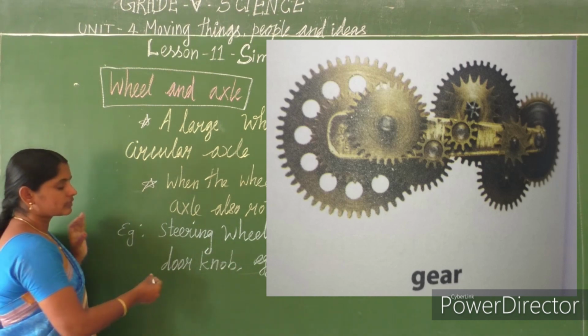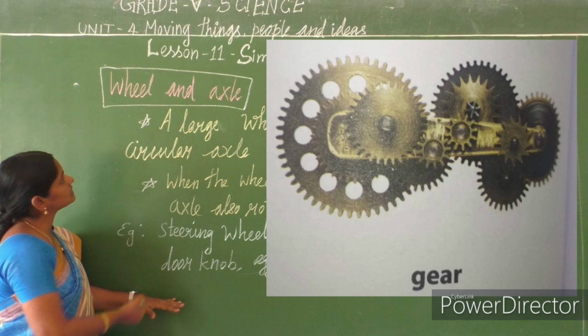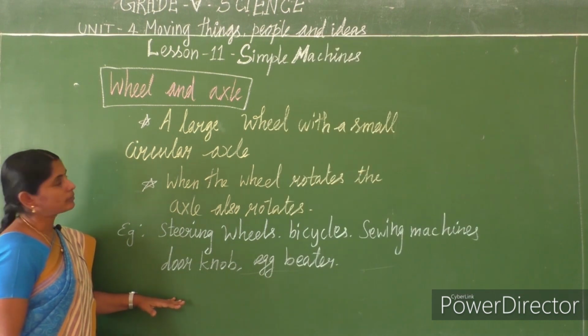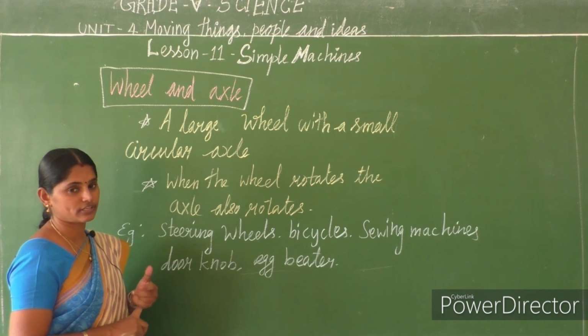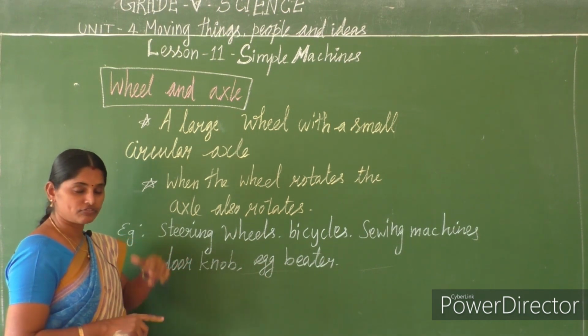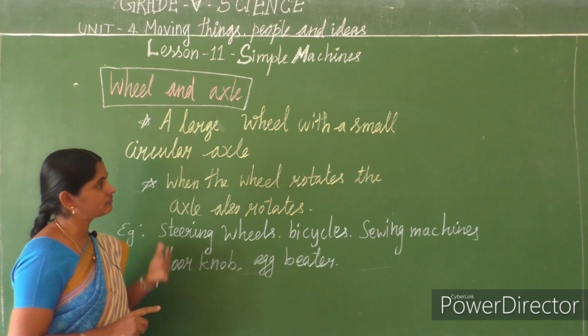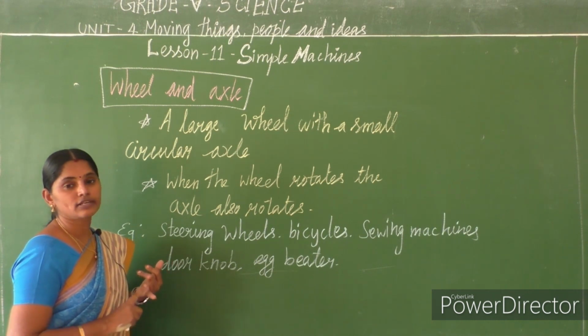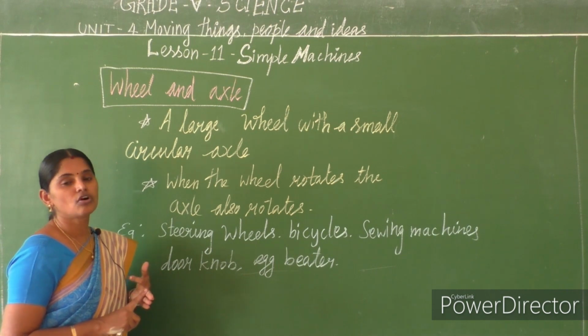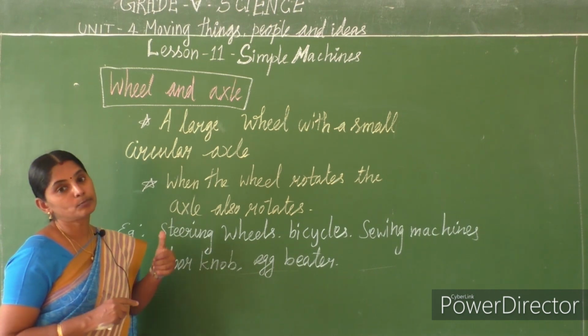So we are coming to the end of this lesson. The six types of simple machines we finished. The lever we finished in the first part of the lesson itself. In this video we finished inclined plane, wedge, screw, wheel and axle and pulley.